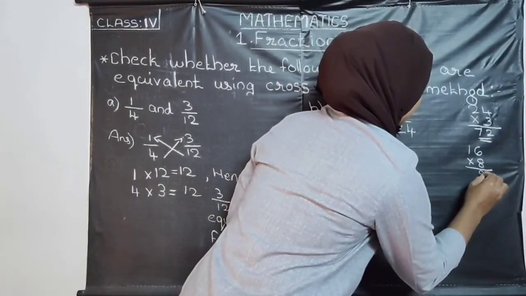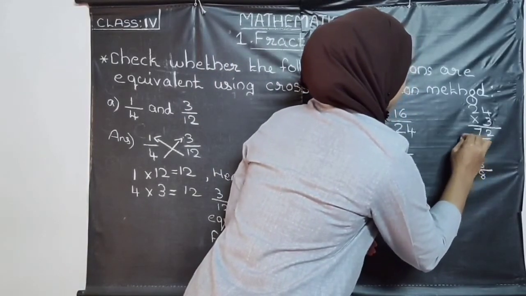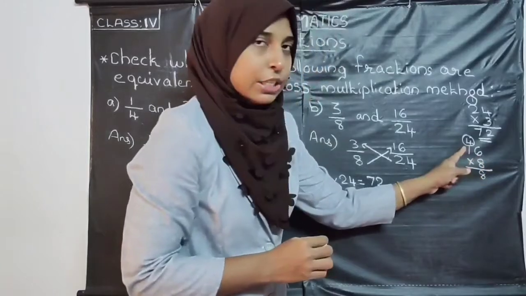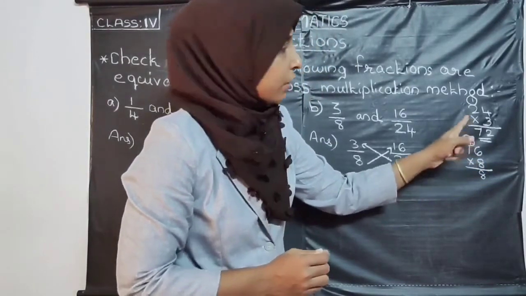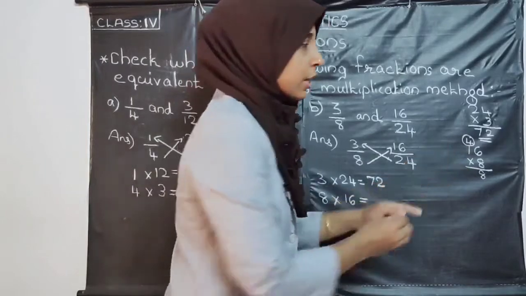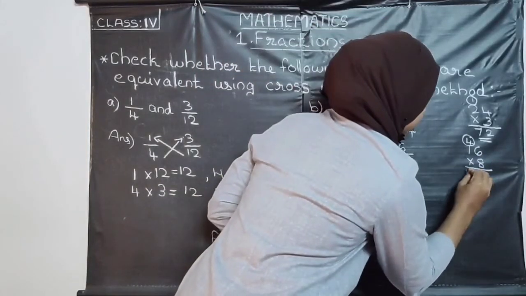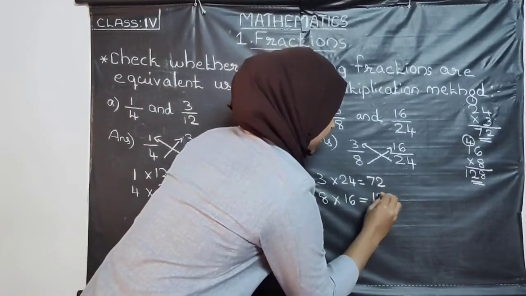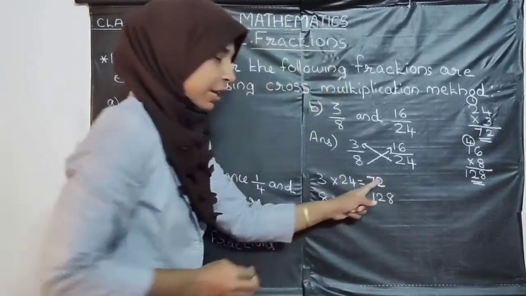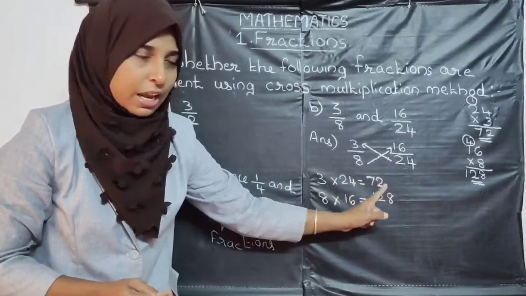So we can write 8 here and 4 as carryover. Next, 8 into 1, 8. 8 plus 4, 12. And there is no other number here to multiply, so we can write 12 here itself. Okay. So the answer is 128.